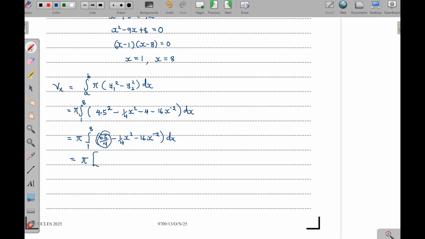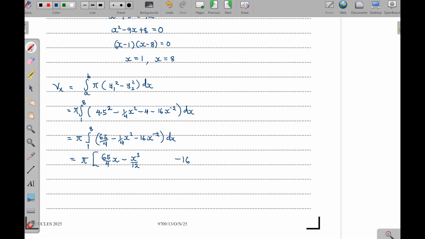So when we integrate this one with respect to x, we shall get 65 out of 4 of x. Then here you increase the power by 1. You have a quarter, then x cubed, then over 3. This 3 will multiply with the 4, and then you get a 12, not so? So we shall get x power 3 out of 12. And then how about this one?